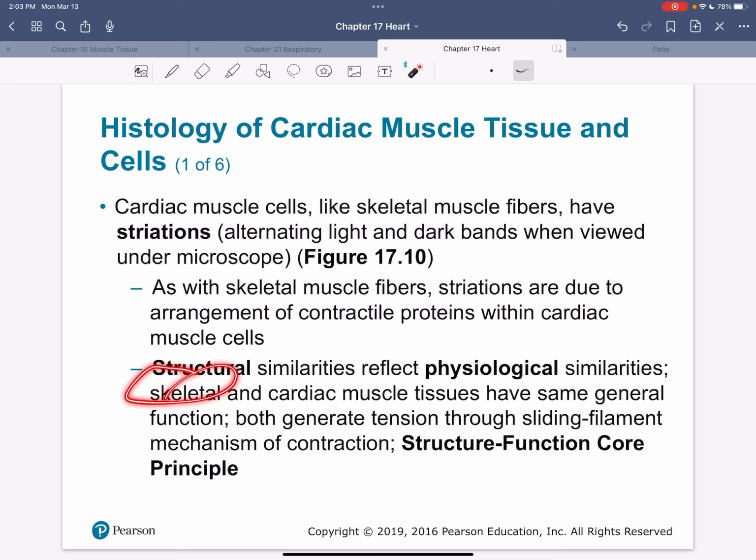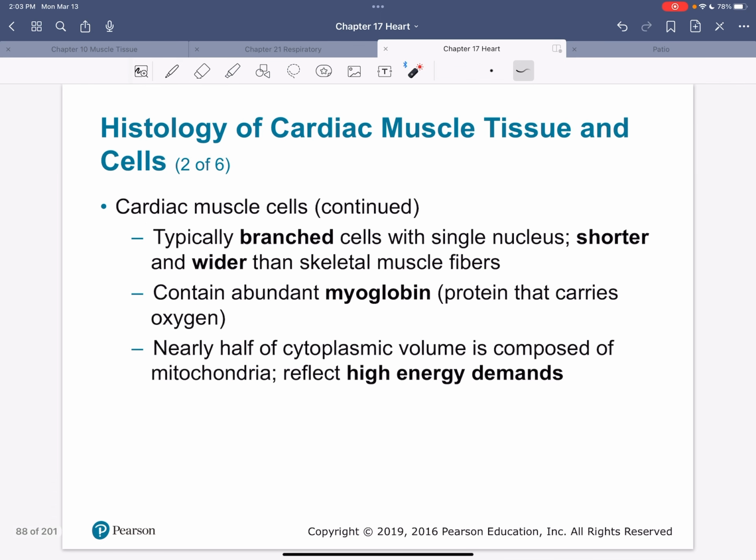That skeletal muscle and cardiac muscle have the same general function, and that is to generate tension through a sliding filament type of mechanism. Now, let's think back as to what these cells look like. They're branched, right? They're branched. They have a single nucleus. They're shorter and wider than your typical skeletal muscle cell.